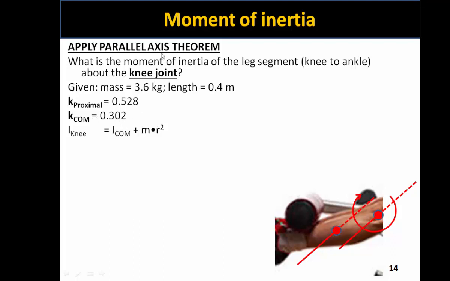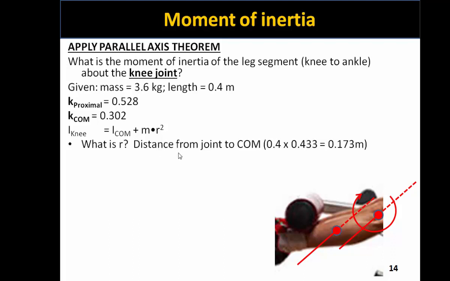Now when we apply the parallel axis theorem, we have a different equation. We want the moment of inertia about the knee. We calculate the moment of inertia about the center of mass, and we have to add a term that reflects the perpendicular distance between the parallel axes. In the previous formula, I used the letter D; I substituted the letter R. It's still a distance measure.